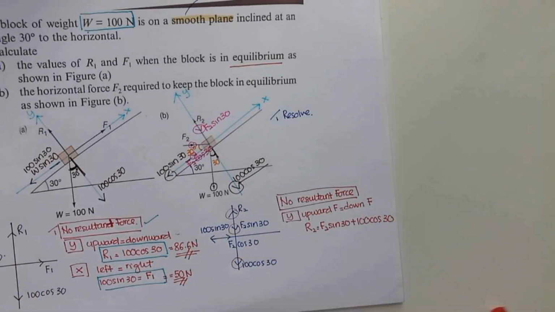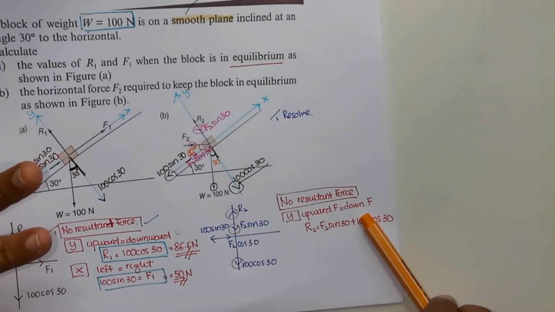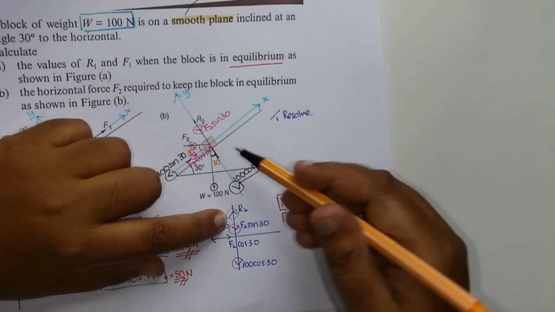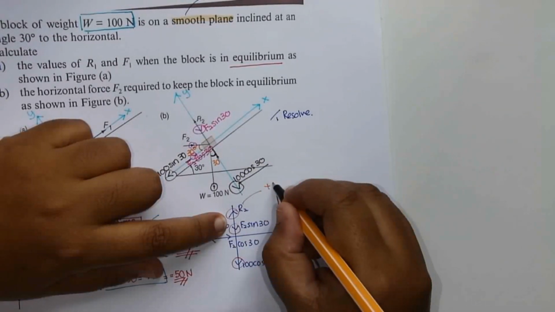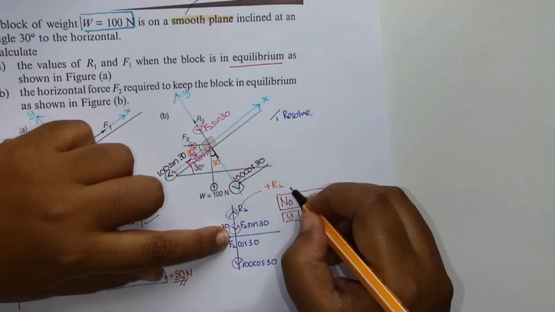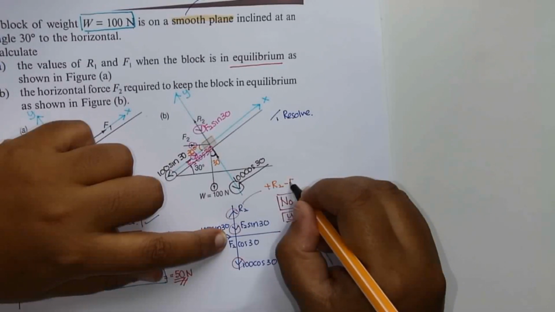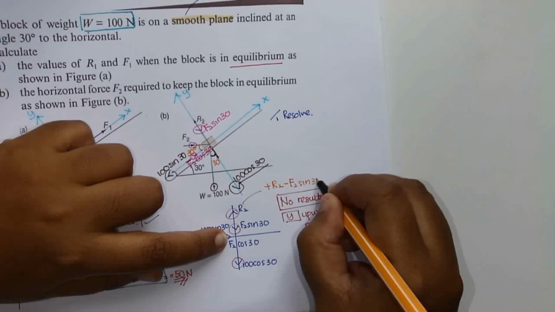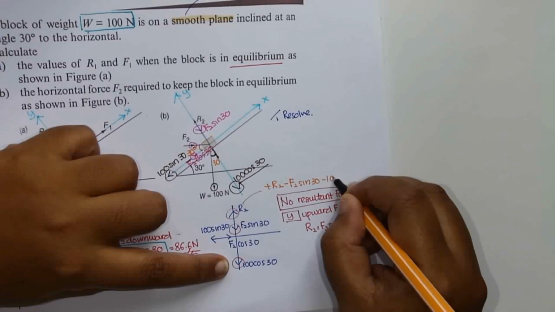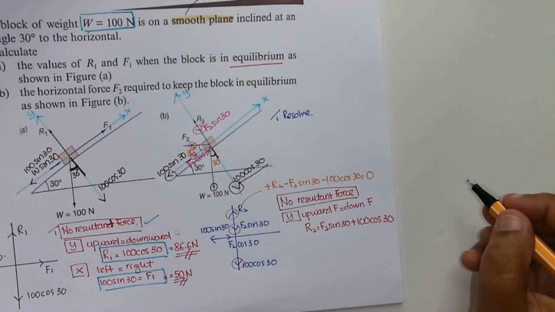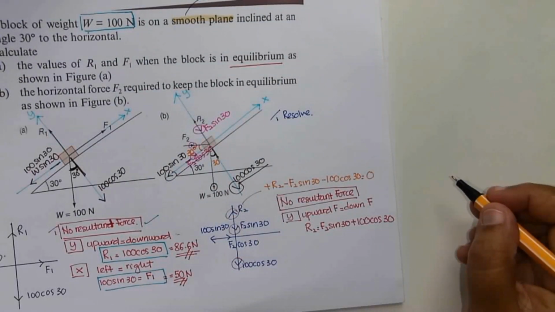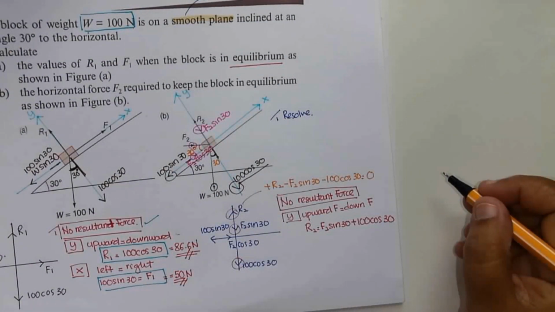There's another way of doing it. If you don't want to say upward equals downward, you can take upward as positive. Positive R2, downward is negative: minus F2 sine 30 minus 100 cos 30 equals 0.